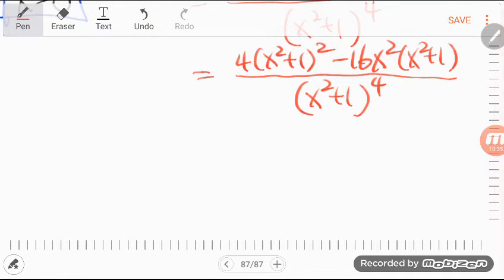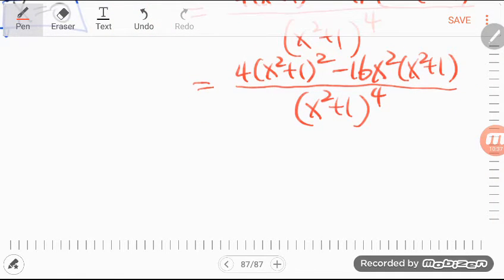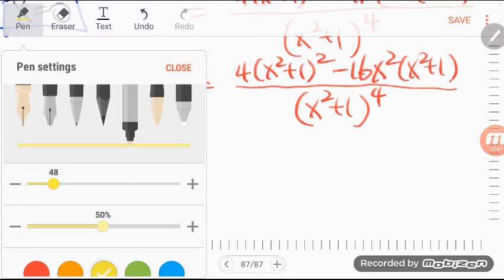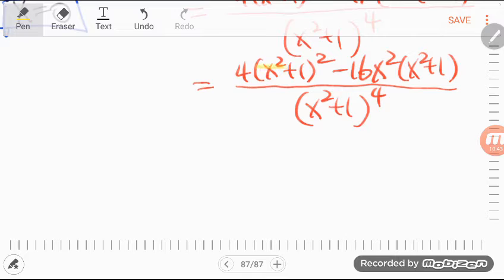Okay, now I'm going to highlight some stuff so that it's easier for you guys to see. I have x squared plus 1 over here, and I have x squared plus 1 over here, right? Which means that's something that we can factor out. I have a 4 here, I have a 16 there, so we can factor out something from there as well. Okay, so let's try to factor it.